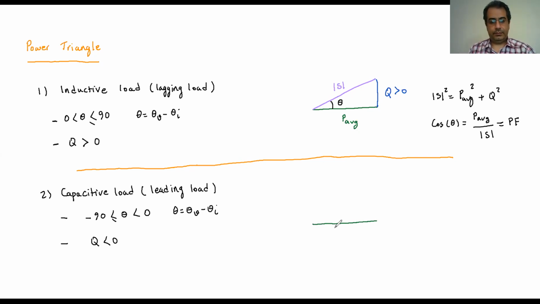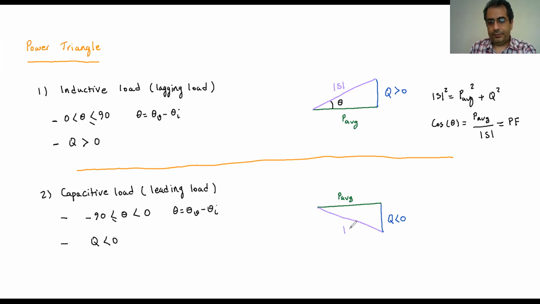It's going to be the horizontal one, the P average. And then the vertical one, I draw the Q on the vertical. This time it is going to be negative, so it's going downward. So it's going to be the Q, which is negative. And then I'm going to have the S that goes from here to here.